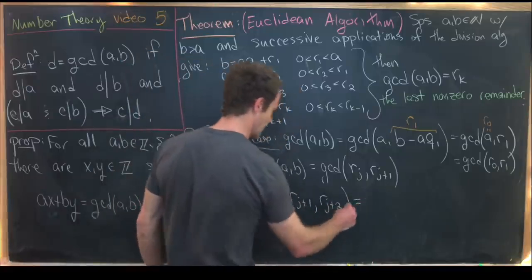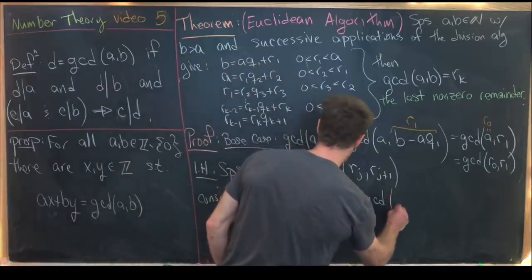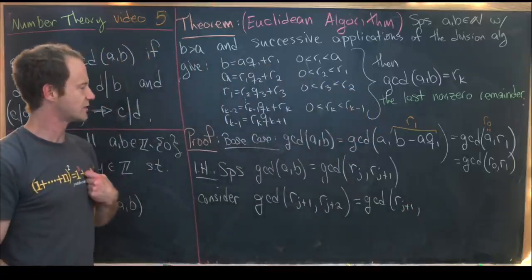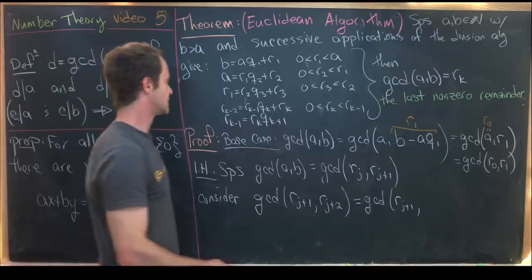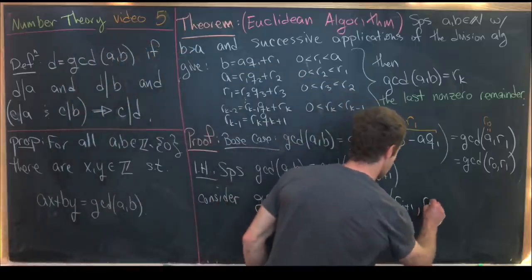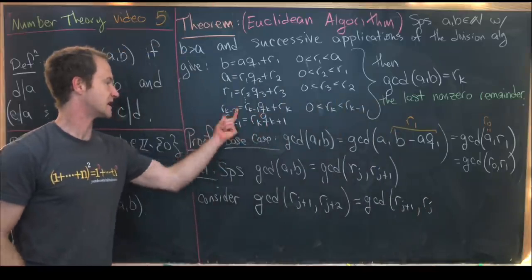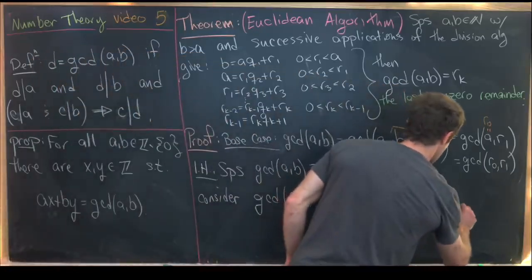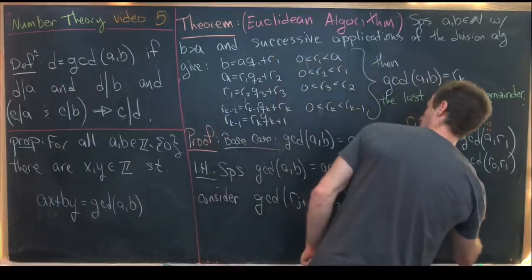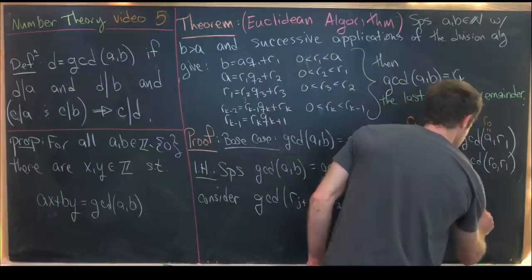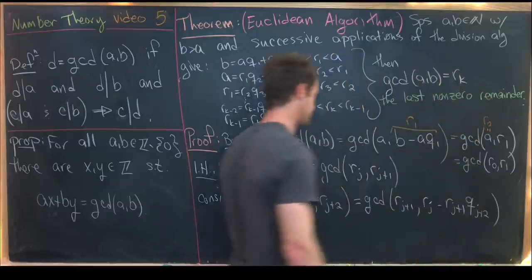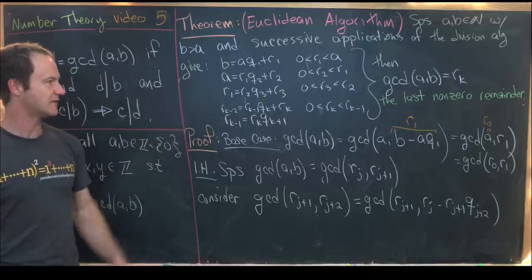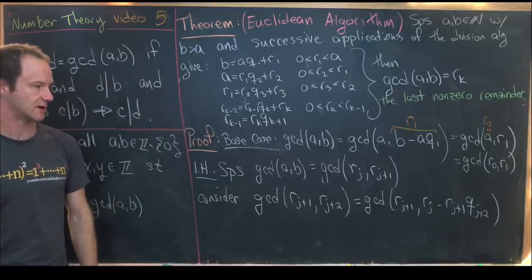So applying that, we see that we have the GCD of Rj plus 1 with, let's make sure we get the indices correct here, Rj, so that's from the left-hand side, minus Rj plus 1 times Qj plus 2. Okay, nice. Again, that's just from inverting one of these equations right here.